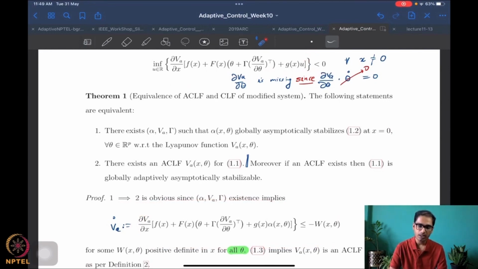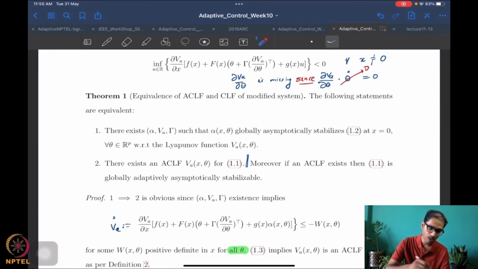Therefore, because I can find a u equal to alpha such that this holds, the infimum also has to be smaller than that at least. The infimum cannot be larger than that. The infimum of this over all values of u has to be smaller than what you get for alpha. So it's as simple as that.